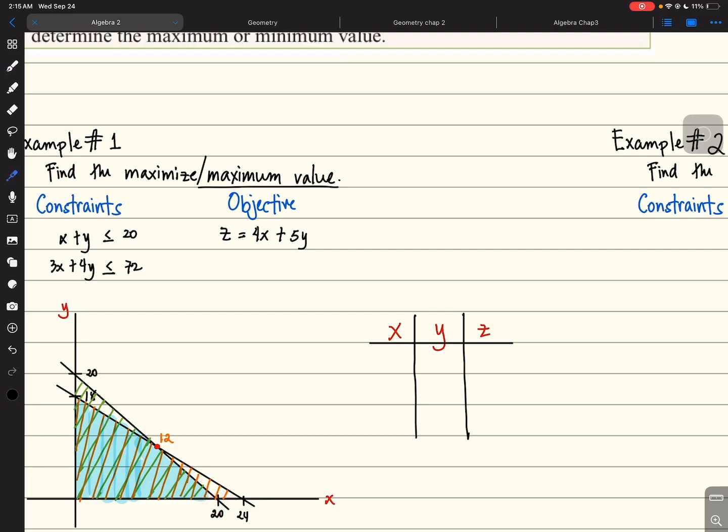And then for the y, under origin, 0. So let's use 20 for x, and then for the y-axis, that is 0. And then for the y, sorry, y is 18. And then 0 for x because it is under the origin.